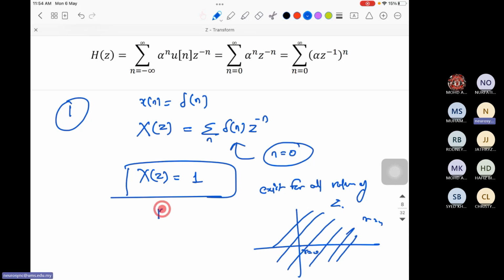So the ROC for this delta of n is basically the entire Z plane. When we calculate the Z transform for any sequence, we also need to define the region of convergence for that. So for this first example, delta of n, we know that X of z is equal to 1 because it only exists for n equal to 0. Then the region of convergence covers the entire Z plane.